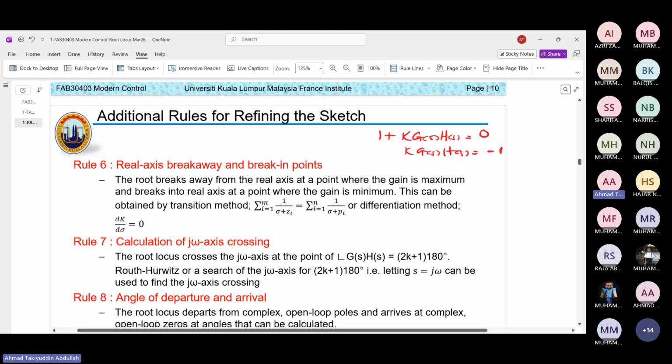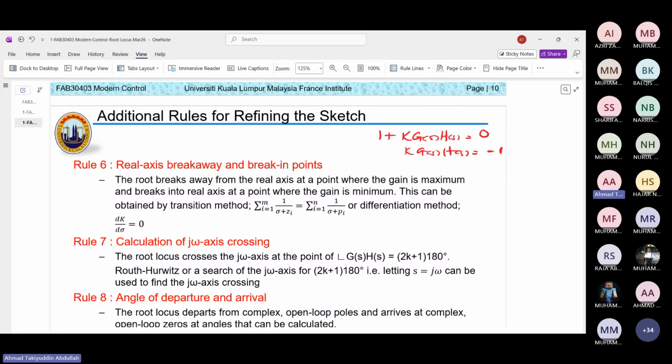It is the same thing as when we tried to find out whether or not a point is on the locus earlier, using the vectors method.